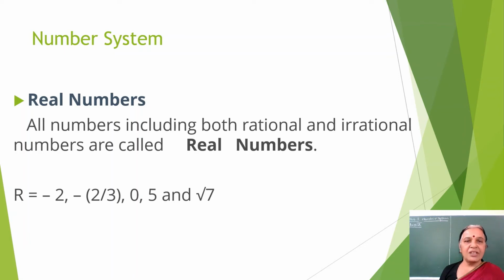All numbers including both rational and irrational numbers are called real numbers. All integers are rational, real numbers; all fractions are rational numbers, real numbers; and 0 is a real number. That means real numbers include both rational and irrational numbers.